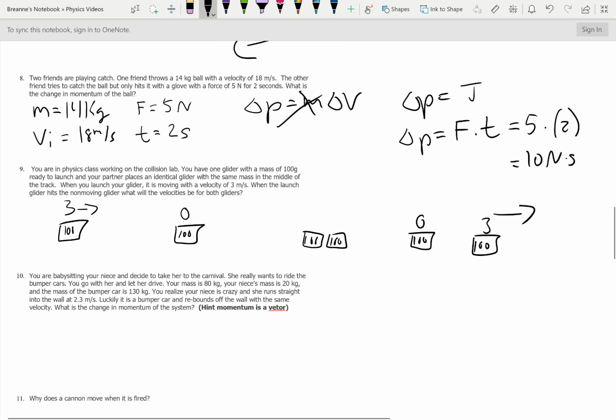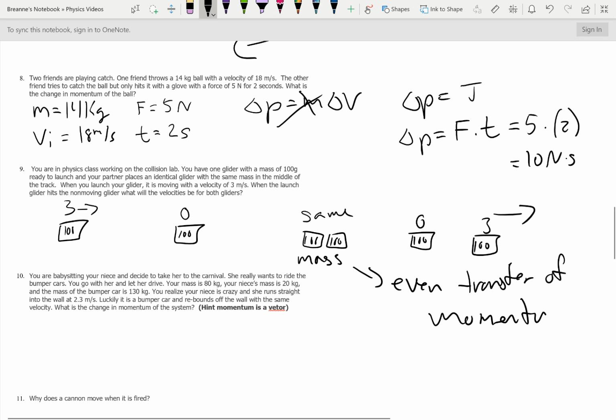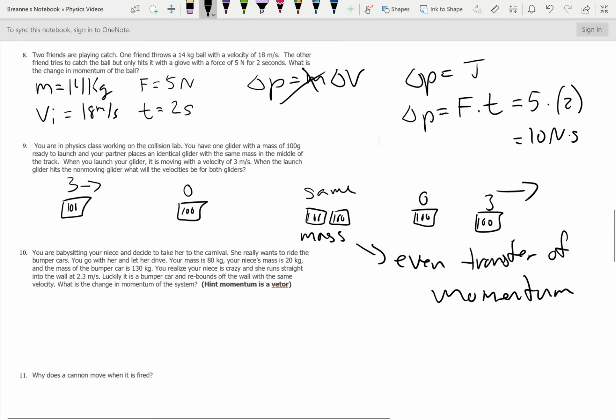And it's because they have the same mass. It's an even transfer of momentum. So having the same mass is really easy, because think about Newton's cradle. If you pick up one ball and drop it, the 3 in the middle don't move because it's an even transfer, and the last one goes up. You have that even transfer.